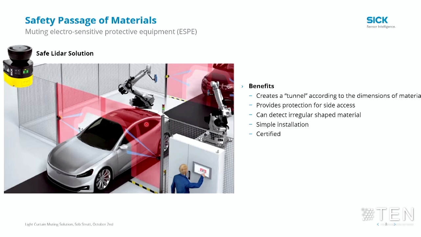It can detect irregular shaped objects moving through because you can freely configure the size of these blue areas of interest to pick up irregular shaped objects. And the installation is, believe me, a lot simpler than a light curtain and an array of sensors to pick up an AGV or a vehicle body in production.